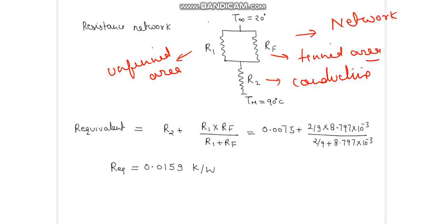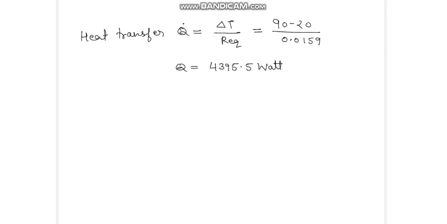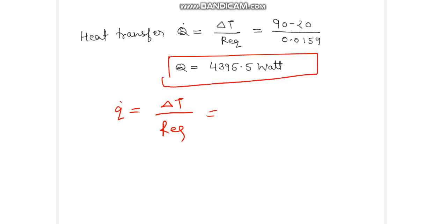So by knowing all the resistances, we can find out the equivalent resistance. After knowing the equivalent resistance, we can find out the heat transfer rate by using the formula Q dot equal to delta T upon R equivalent. So we find that the heat transfer rate equals 4.399.